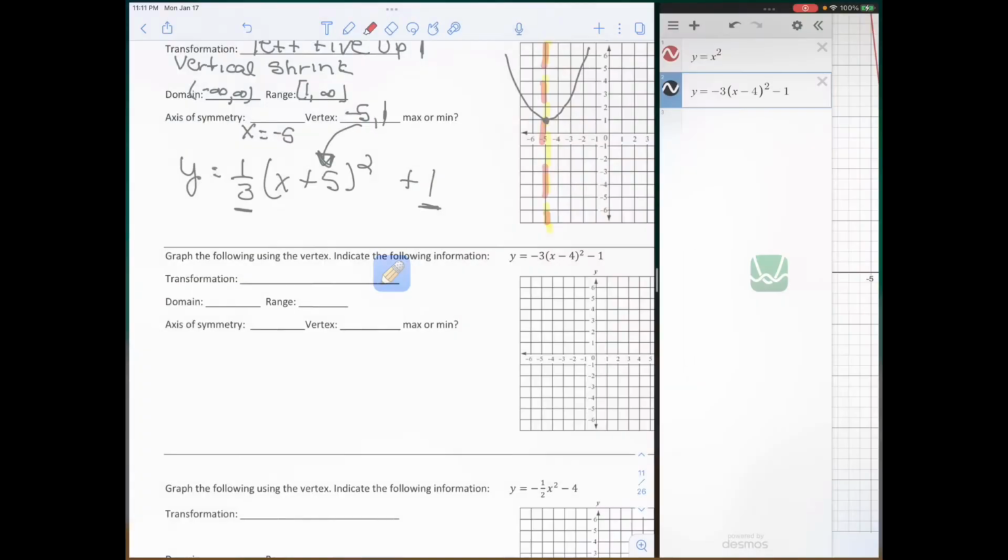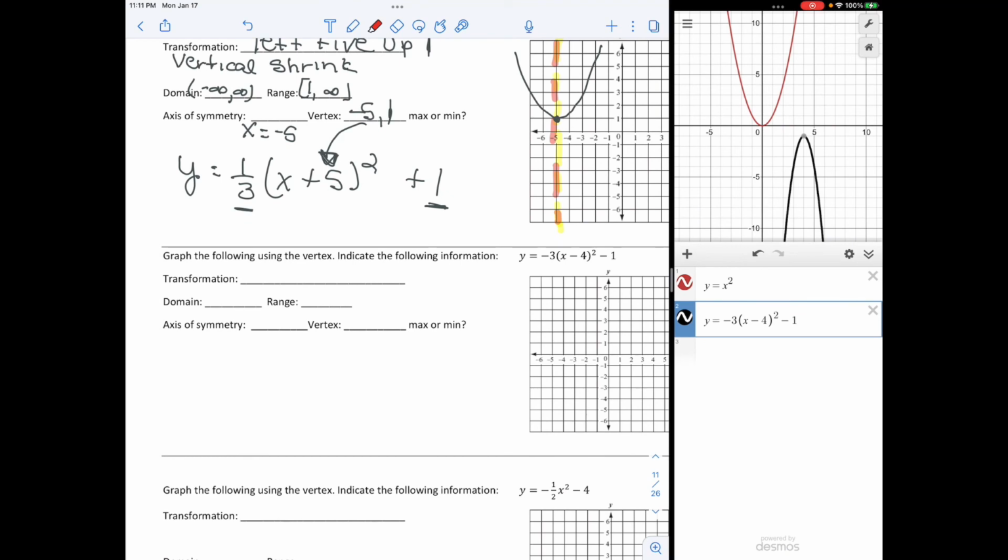Now, what we should have recognized before graphing it is that it's going to move right 4, down 1. You should have also recognized, because this is 3, that this is going to be a vertical stretch.